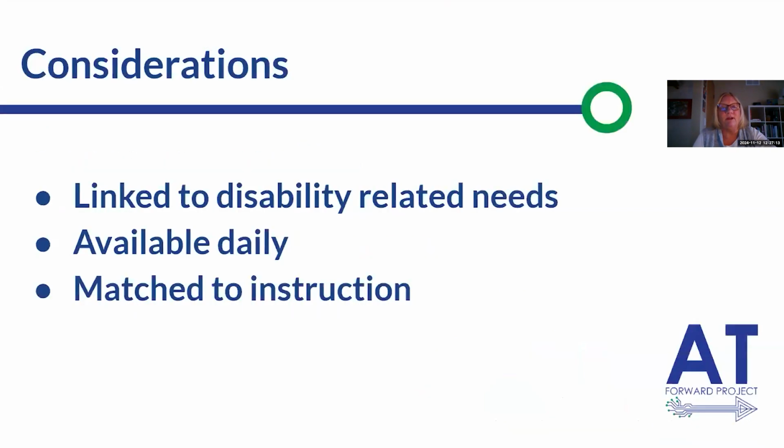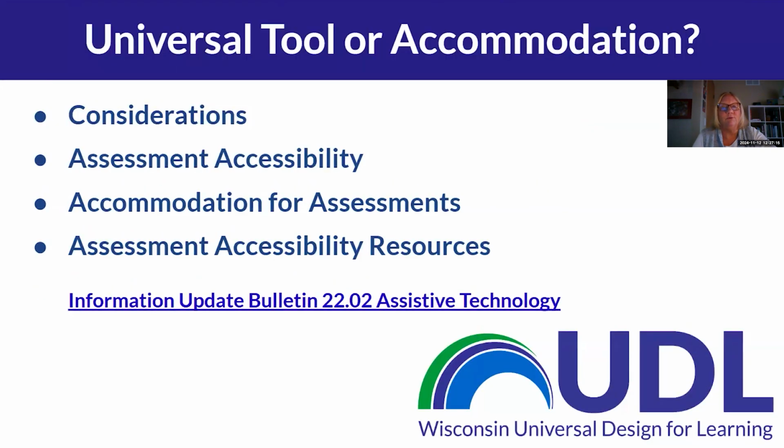And this information update bulletin 22.02 on assistive technology, that link there on the slide, there's one of the questions there does answer that for you if you need to look at that guidance from DPI directly. So going back to the considerations, so that word considerations and the circumstances for when and how an assistive technology may be needed needs to be considered ongoing.